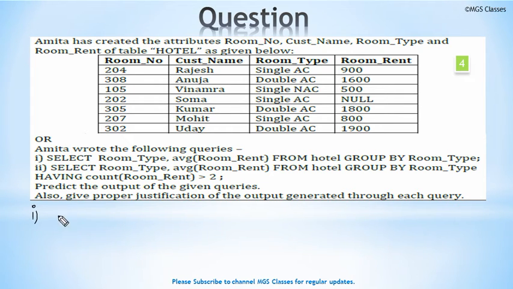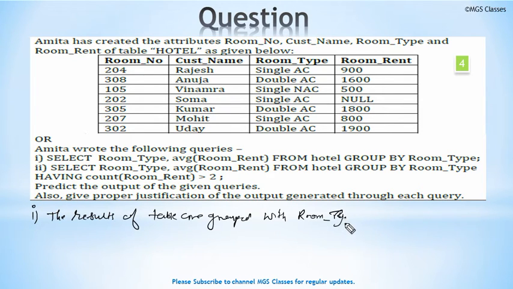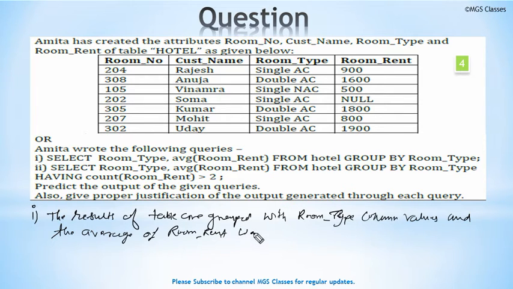In the first case you will write the justification that the results of the table are grouped with the room type column values, and the average of room rent was calculated group wise. Okay, group wise. So that's how the output came.